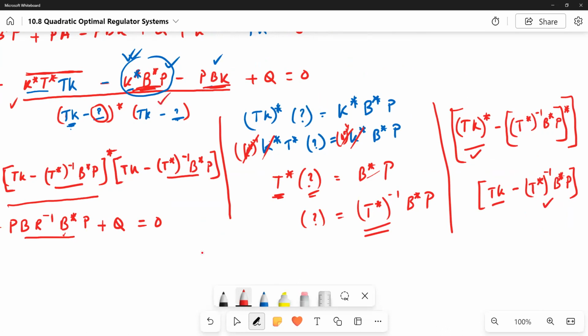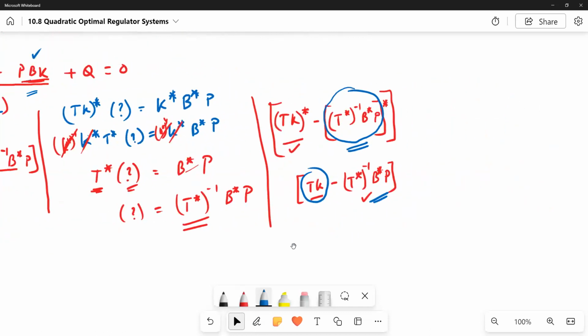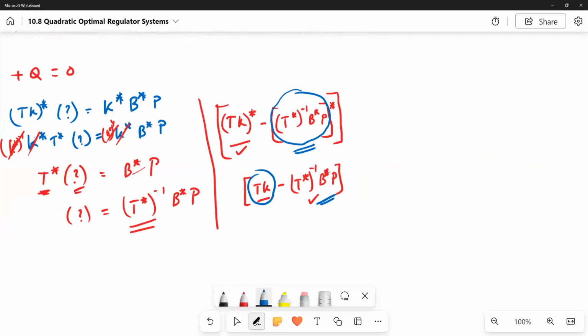So what is left to show is multiplication of this one with this one. This should give us this parameter, and multiplication of this one and this one should give us this parameter. Okay, so let's show this.